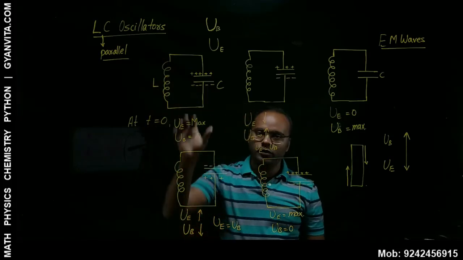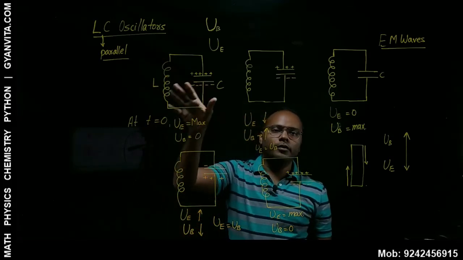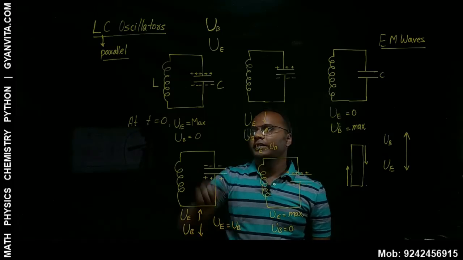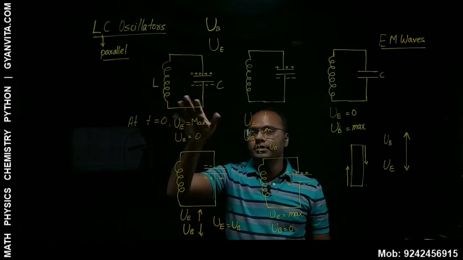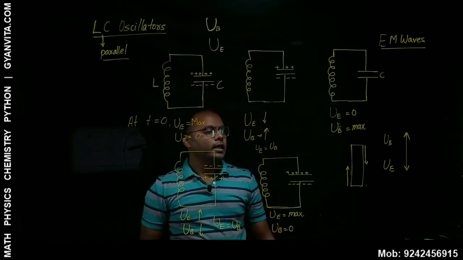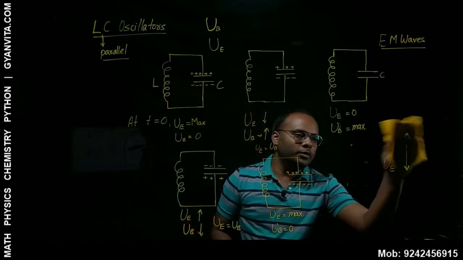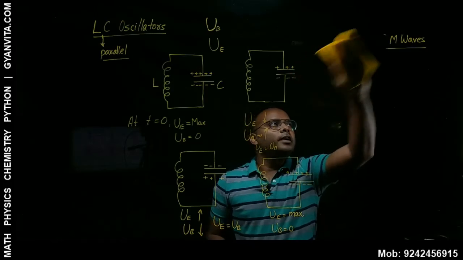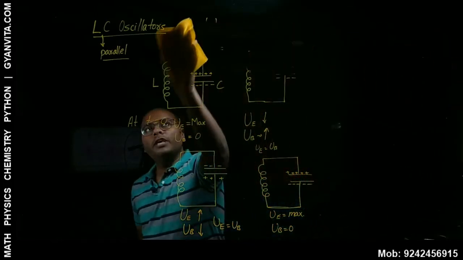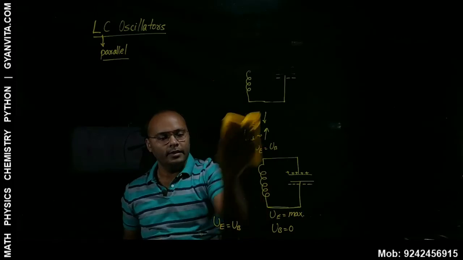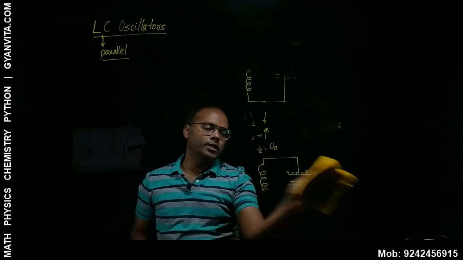You can say the backbone of radio transmitters is nothing but these oscillators. Based on the values of L and C, we will get different frequencies, and that is responsible for broadcasting radio signals. So we have actually seen two devices, one the LCR series circuit and another the LC oscillator.